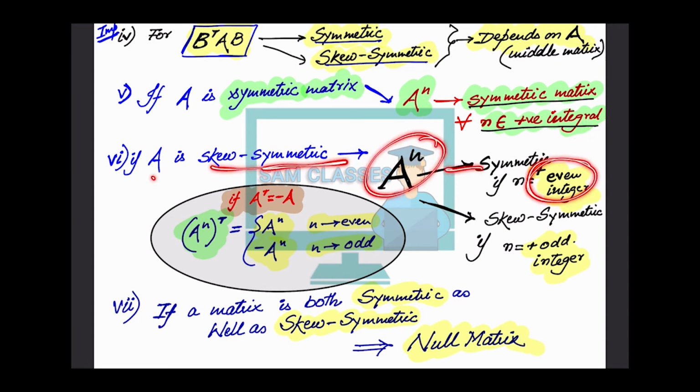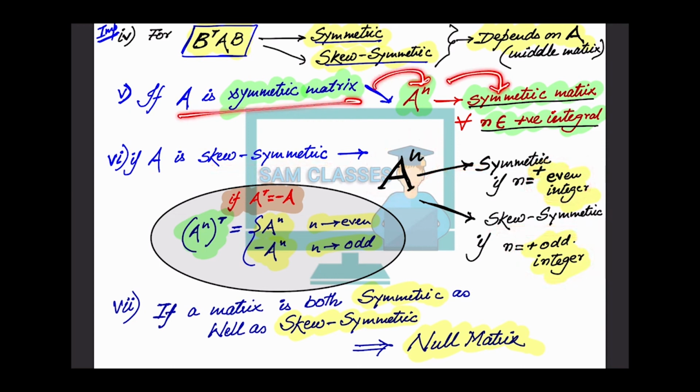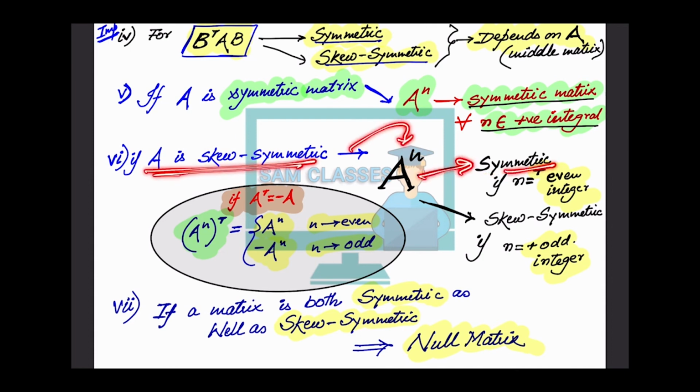If A is skew symmetric, A power n will be symmetric when n is a positive even integer, like n equal to 2, 4, 6, 8, and skew symmetric when n is an odd integer.